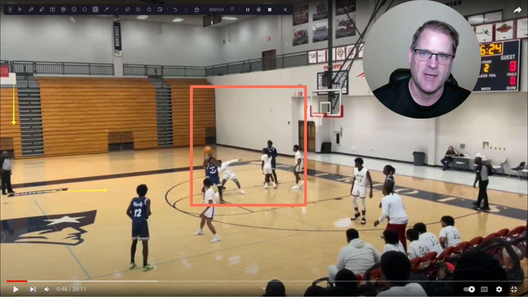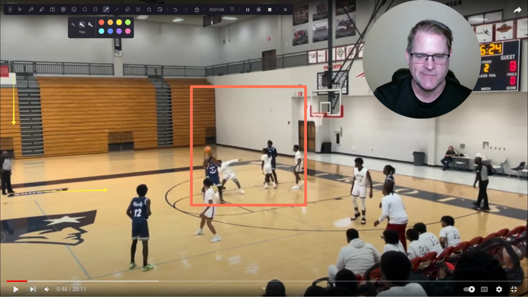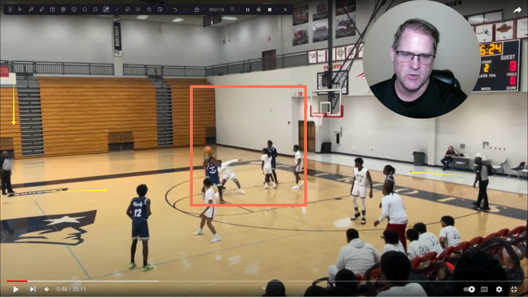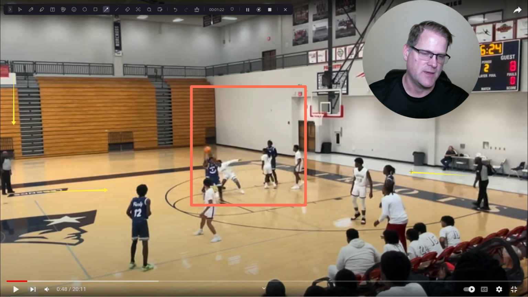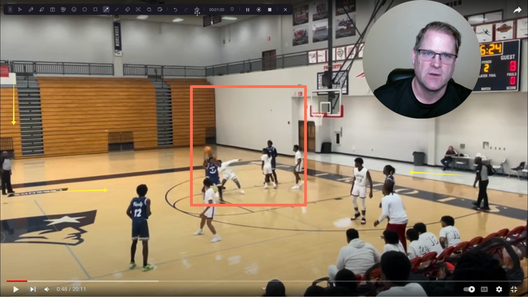On top of that, I want my lead parallel, as his shoulders, so he can get a good look, and my lead making that slow but methodical point to pinch the paint. So we're moving backside help and making sure that our lead is in the right position and the right angle. This is all about angles, not over anticipating, but making sure that we are attaching ourselves to the play.